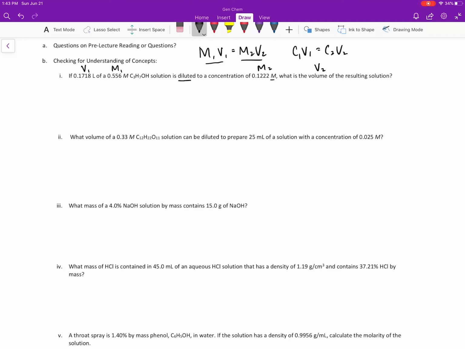So I'm given units of molarity, I'm given units of liters, so my final answer is going to come out in liters, which this doesn't specify I need any other units. So I'm going to plug these values in.